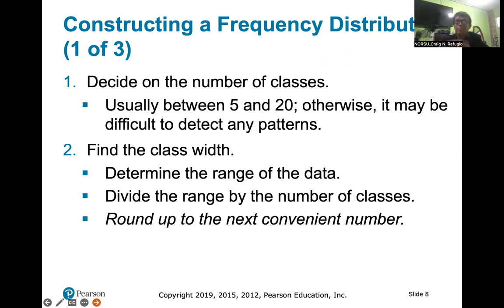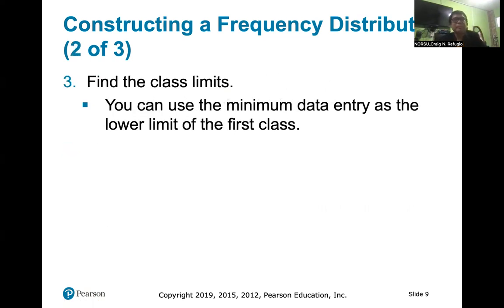So we don't actually follow the law of rounding off numbers, but we're going to say round up to the next convenient number. Find the class limits. You can use the minimum data entry or the lowest value found in the data set as the lower limit of the first class.